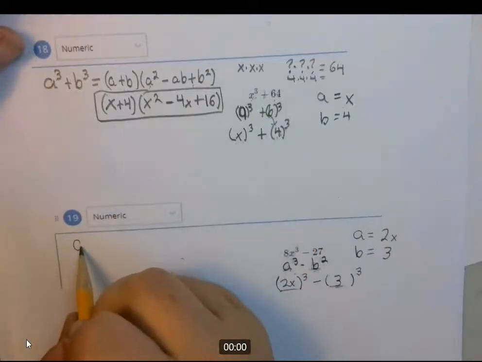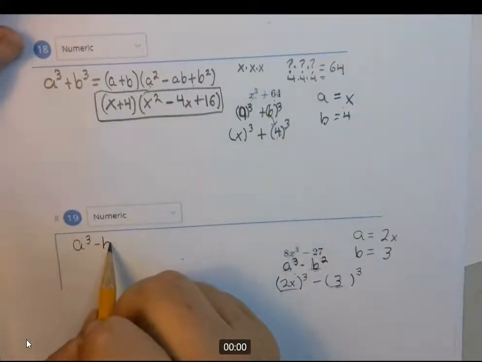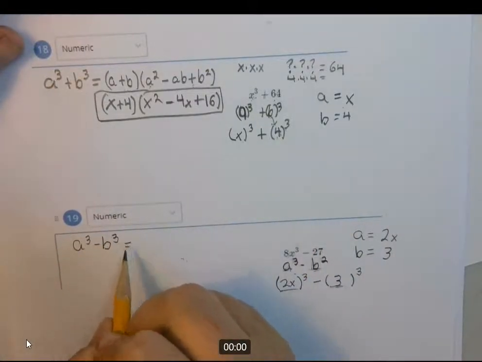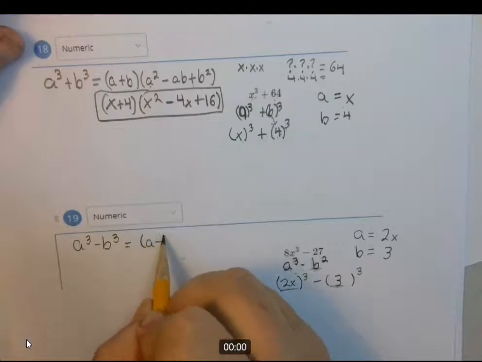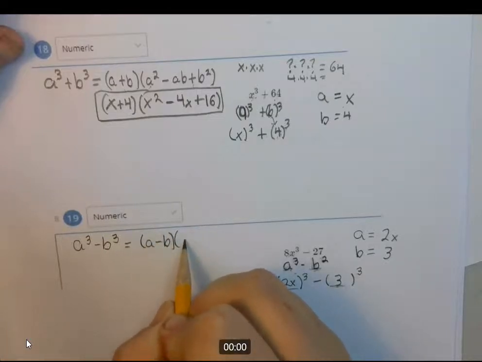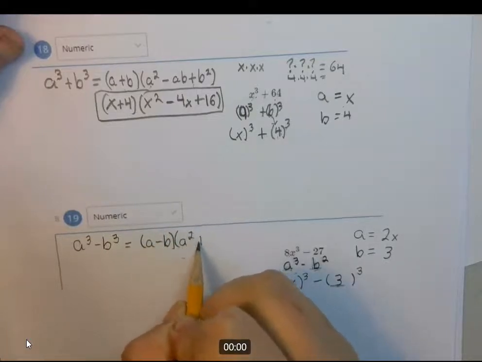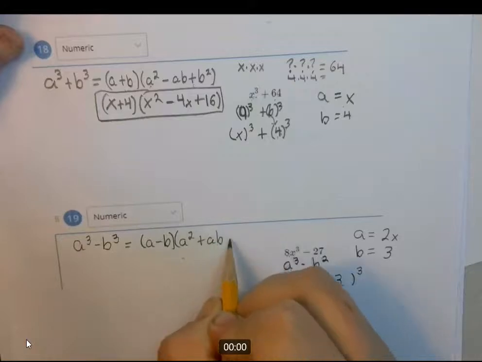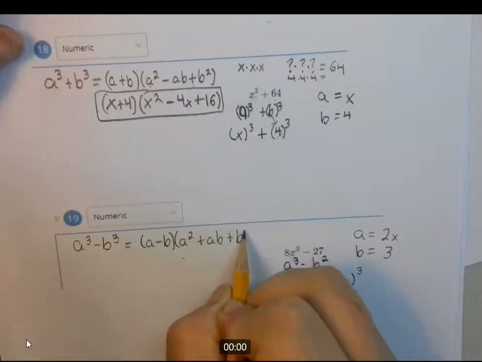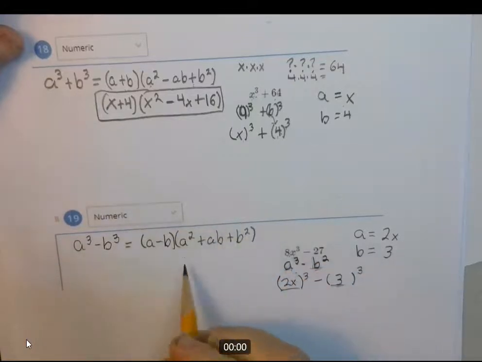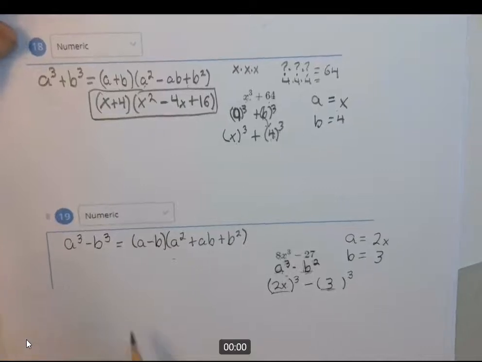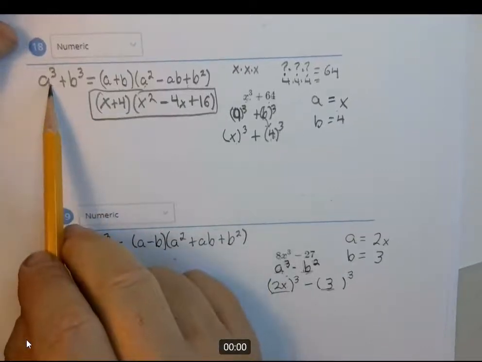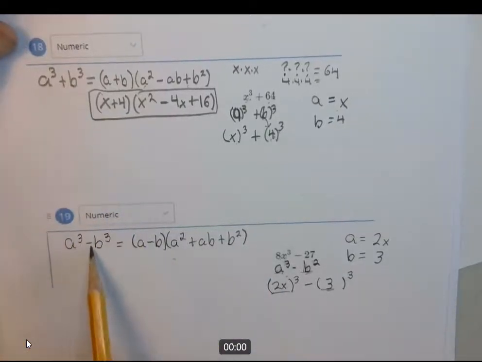So it's a to the third minus b to the third. That equals a minus b times a squared plus ab plus b squared. That's that. So look, compare the two formulas: a to the third plus b to the third, a to the third minus b to the third.